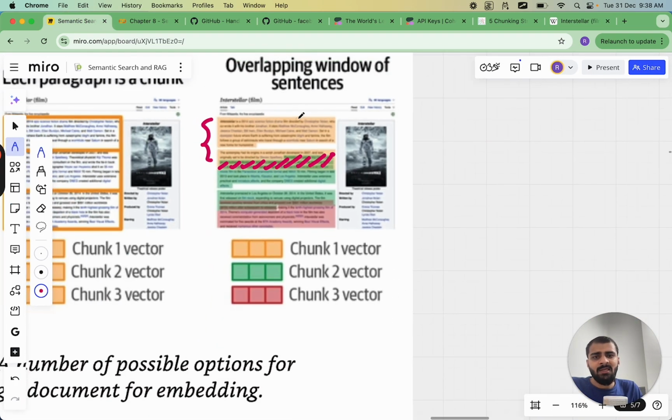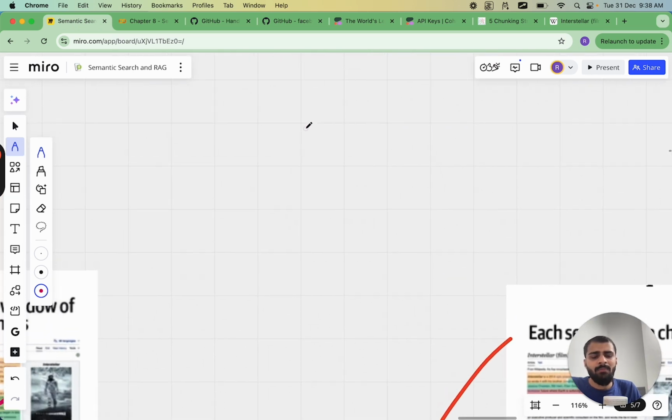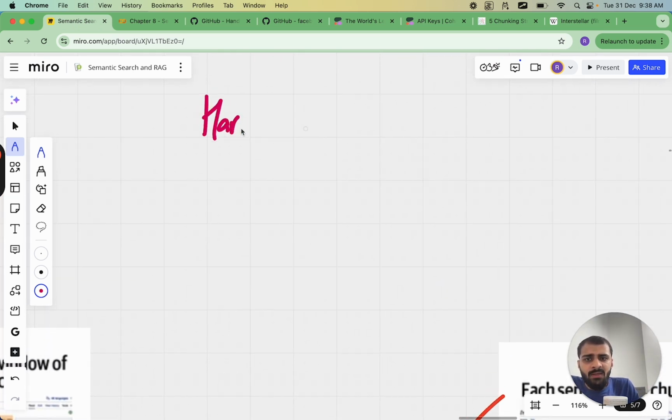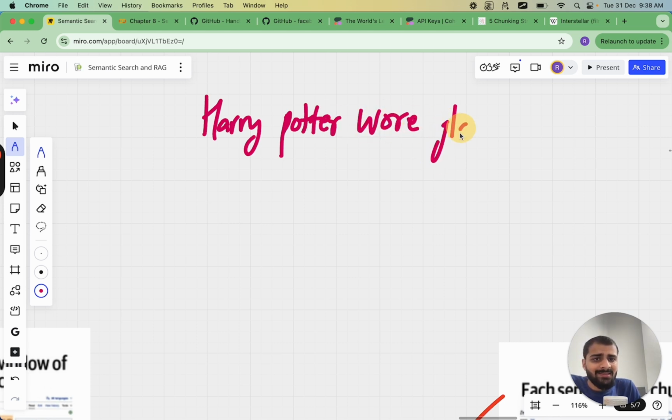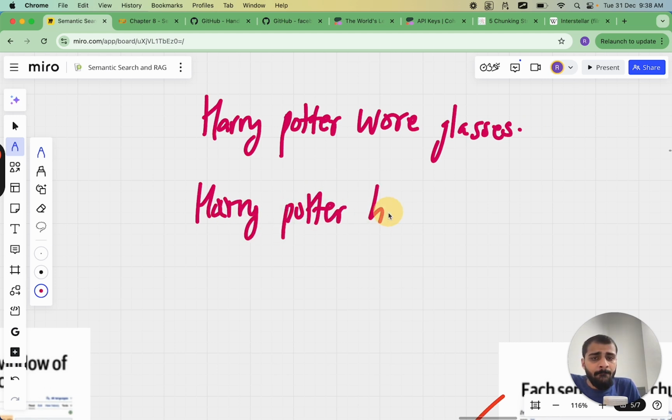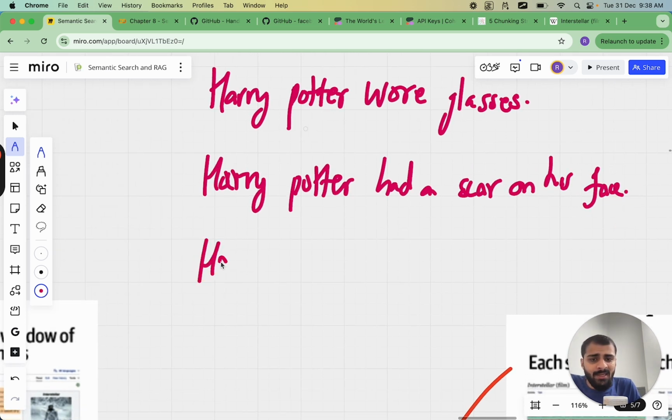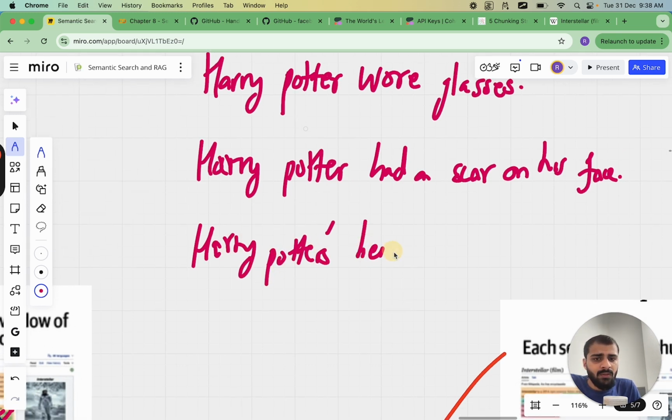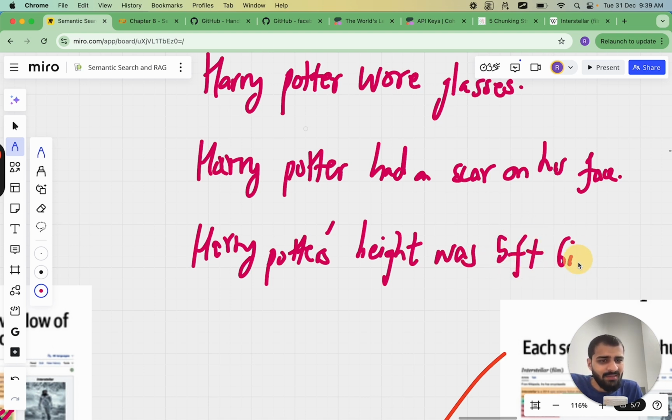So to give you an example, let's take a simple example of Harry Potter. If I write, Harry Potter wore glasses, then let's say I write, Harry Potter had a scar on his face, and let's say I write, Harry Potter's height was 5 foot 6 inch, for example.